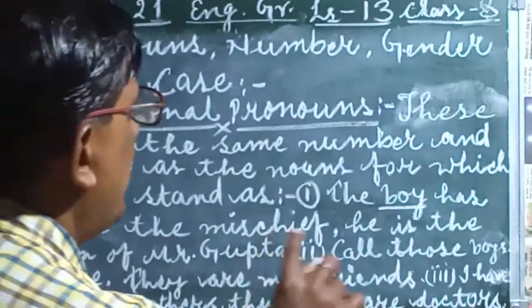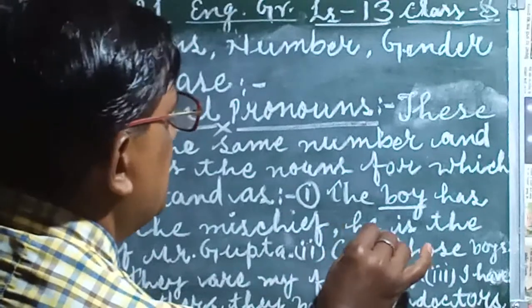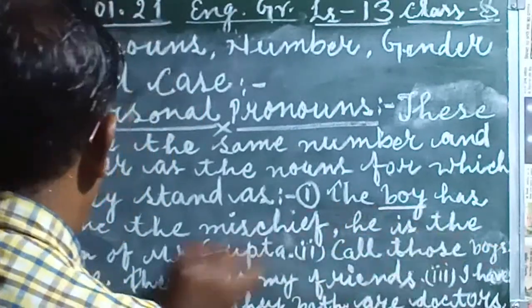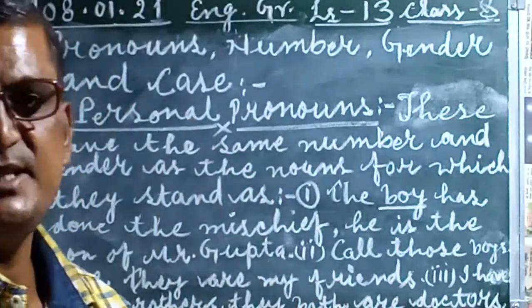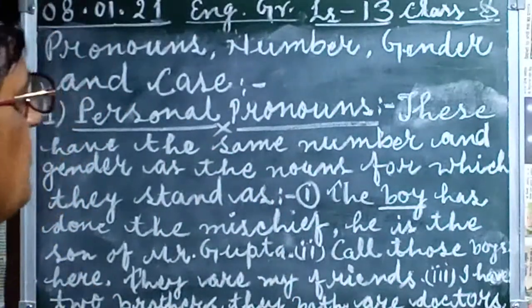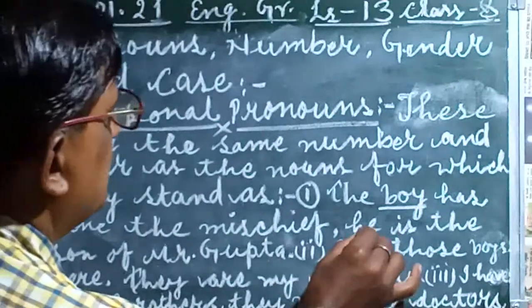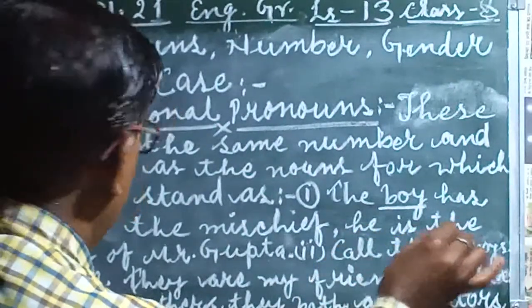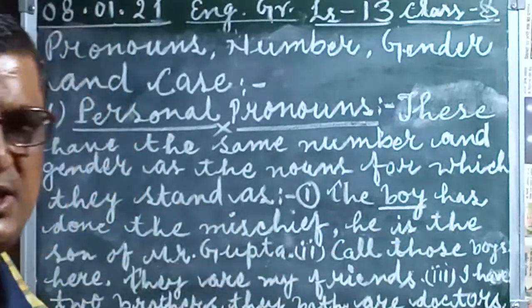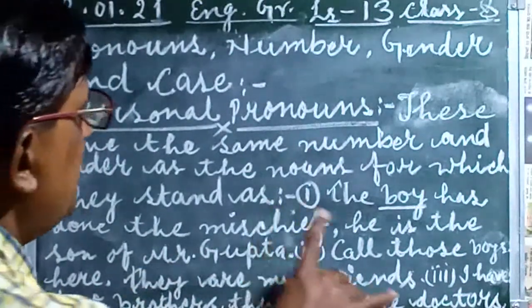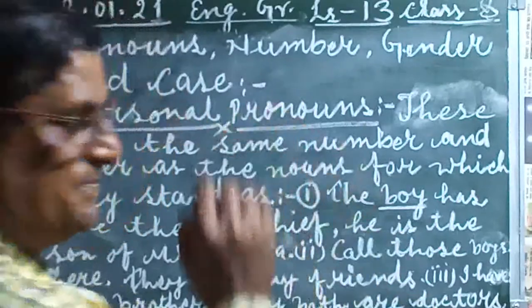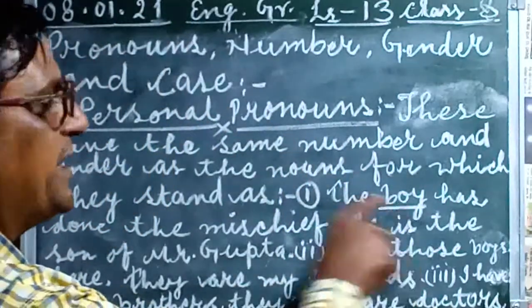And in the same sentence, he is the son of Mr. Gupta. We cannot use here: the boy is the son of Mr. Gupta. No, this is a repetition mistake. So we use he in place of the boy.